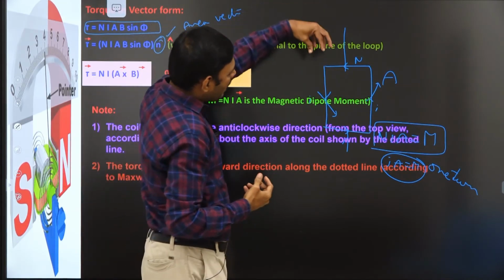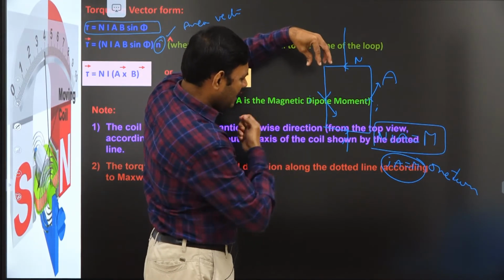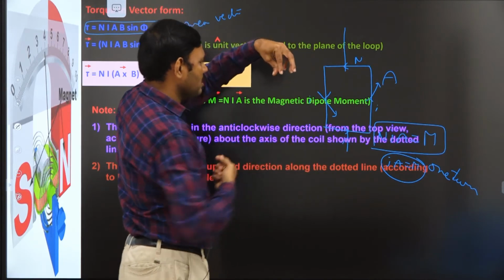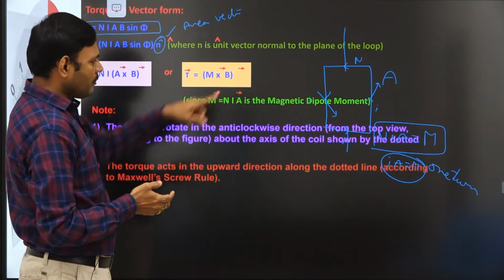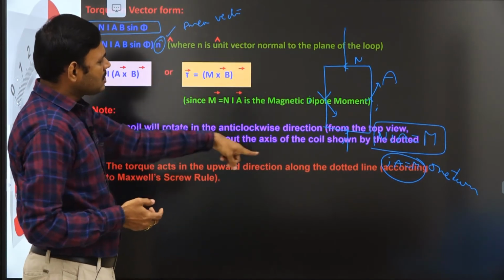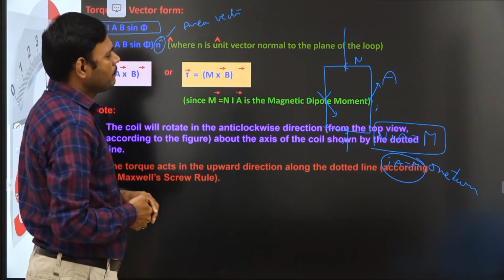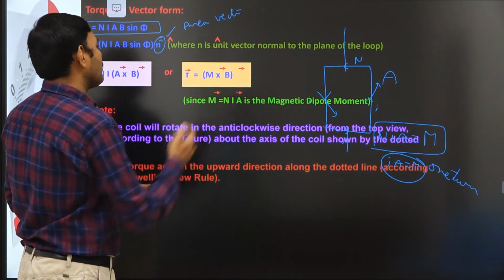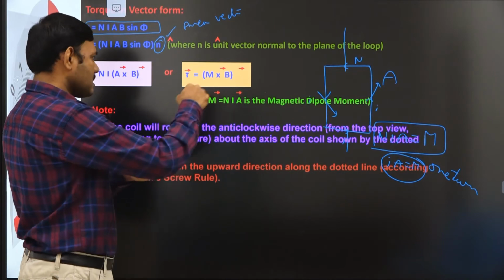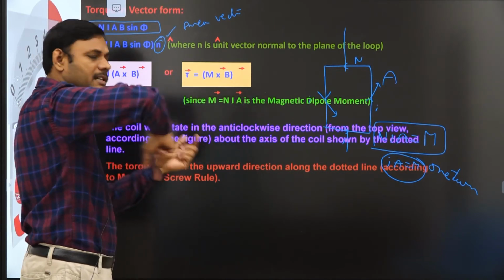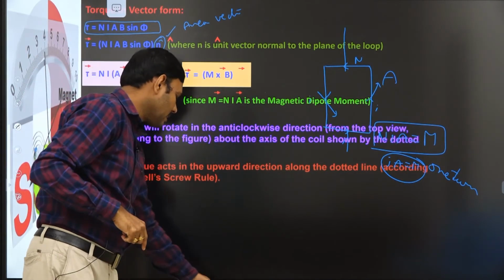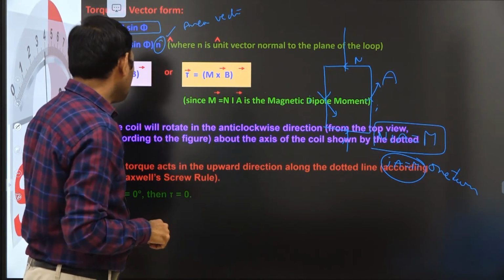From the top point of view, it appears to be rotating in the anti-clockwise direction. If the current is travelling in the opposite direction, it rotates in the clockwise direction. This is the simple conclusion.